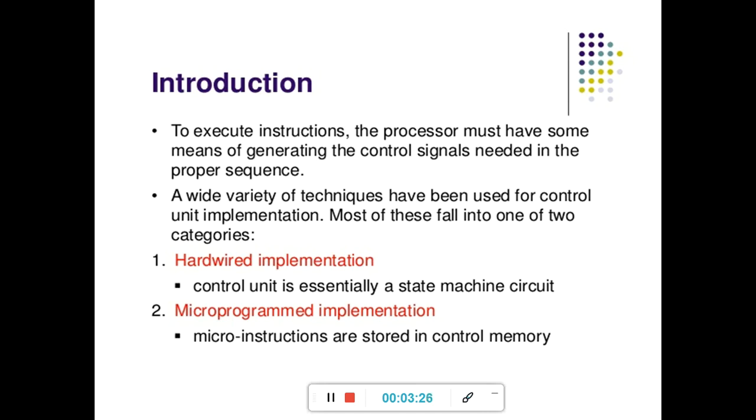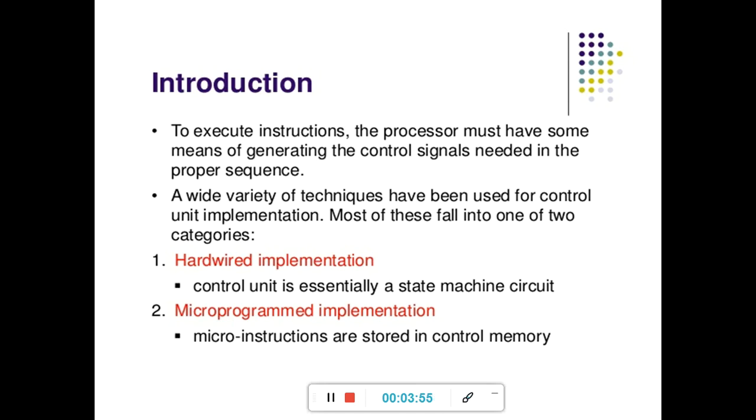The second one is microprogrammed implementation. What is microprogrammed implementation? It is stored in a control memory in the form of microinstructions. What are microinstructions? We shall discuss. Here it takes several microinstructions to carry out one complex machine instruction cycle. Do you know about CISC? CISC means complex instruction set.